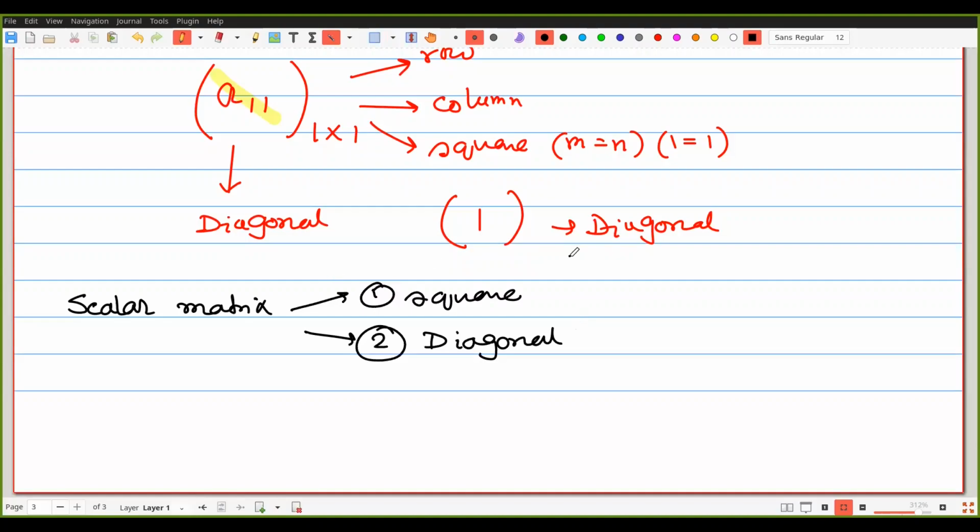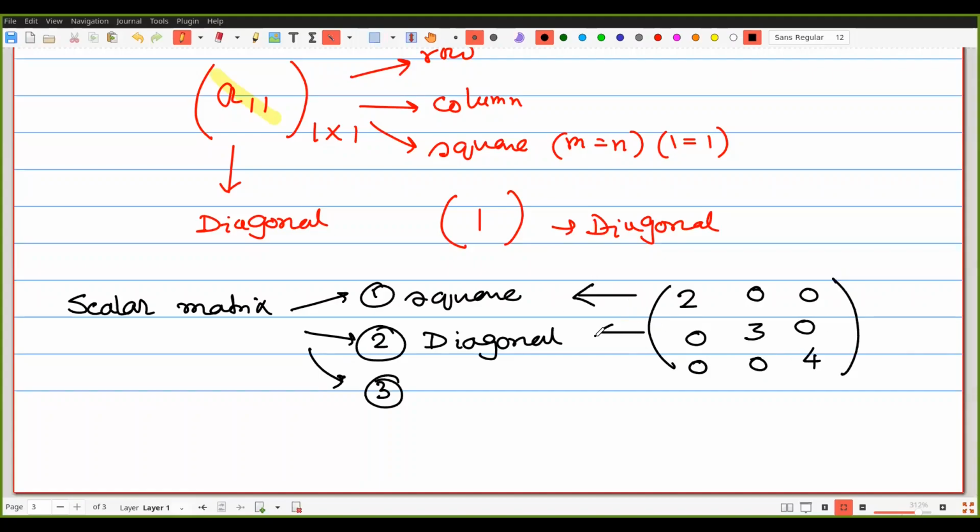Let's check with an example. And what is the third condition? Suppose we are writing 2, 3, 4, and 0, 0, 0, 0, 0, 0. That is square, that is diagonal, but that is not a scalar.